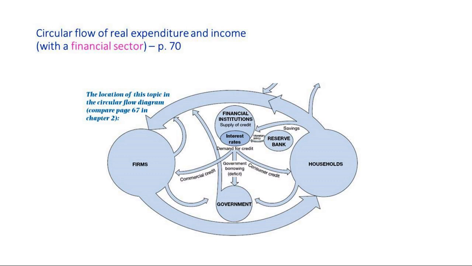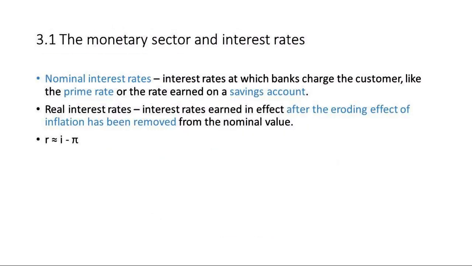We know that households send their savings to financial institutions and firms borrow from institutions in order to invest. Government also interacts with financial institutions, and our analysis of this monetary sector adds to the circular flow model.